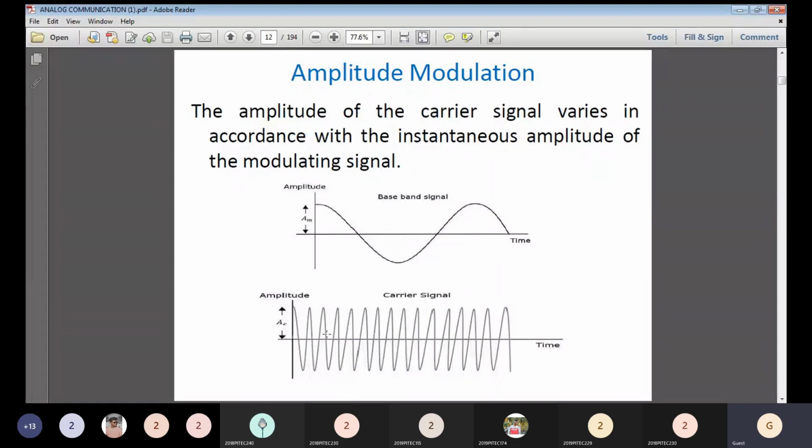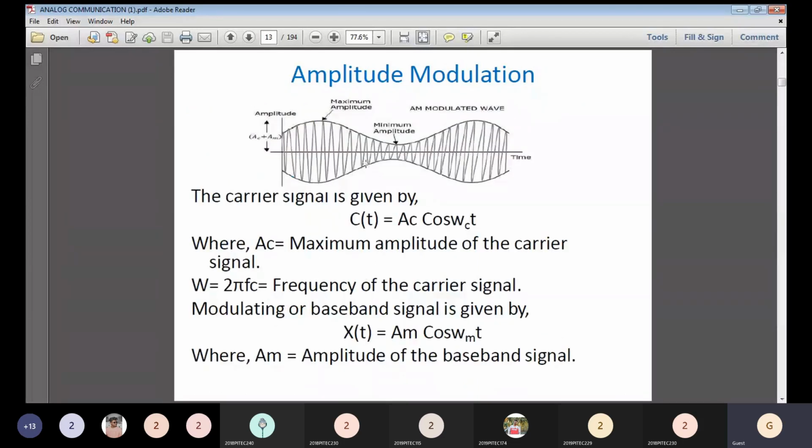This high frequency carrier signal's amplitude is constant. Before modulation, the carrier signal has a constant amplitude value, AC. But after modulation, this amplitude value is going to be varied with respect to the message signal. That modulation is called amplitude modulation. This is our diagram. The inner waveform is our carrier waveform. The carrier waveform is present, but the amplitude is not constant.